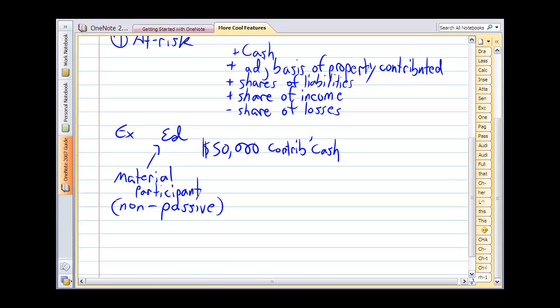So let's go on, and then in addition to that, he takes on a liability. He says, "All right, this liability of the partnership is on me for $20,000." So that's his share of liability on the partnership.